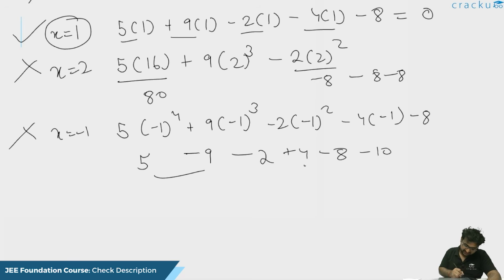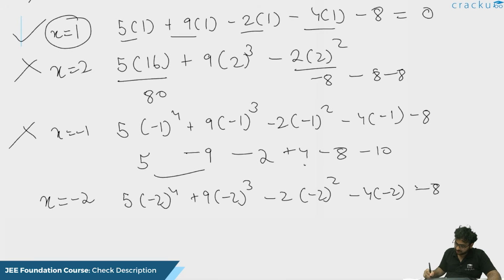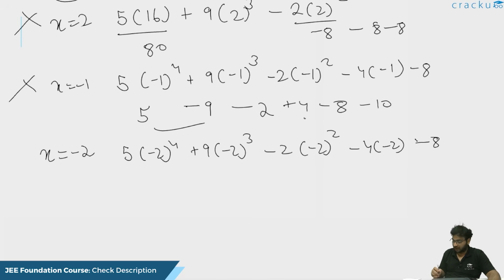So reject this out. Now if we put x equal to minus 2. So 5 into minus 2 to the power 4 plus 9 into minus 2 cube minus 2 into minus 2 square minus 4 into minus 2 minus 8. So minus 2 into minus 4 is plus 8. Plus 8 minus 8 will get cancelled out.